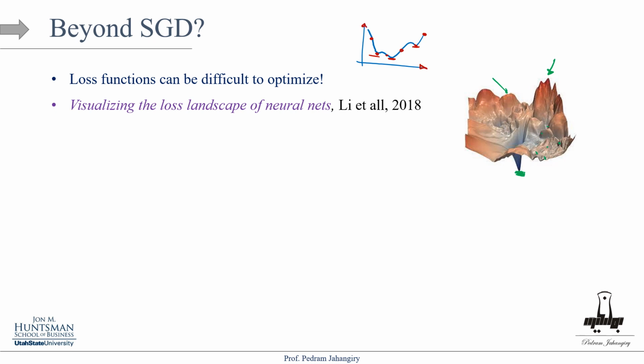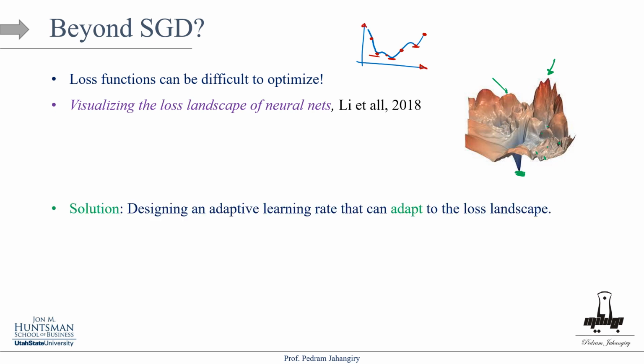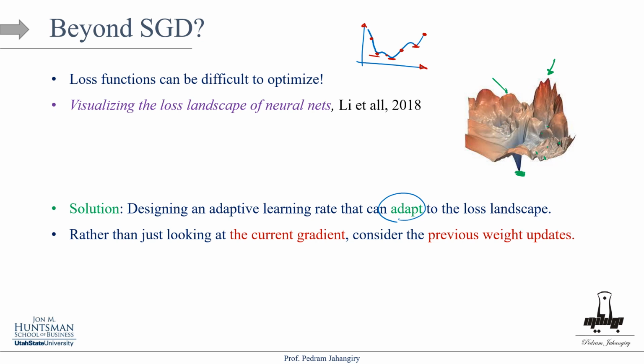The way to fix this is by designing an adaptive learning rate, right? This learning rate should work in a way that it adapts to the loss landscape. For example, it needs to incorporate the previous values of gradients as well. We call this momentum. So rather than just looking at the current gradient, it needs to take into account the previous weight updates as well.